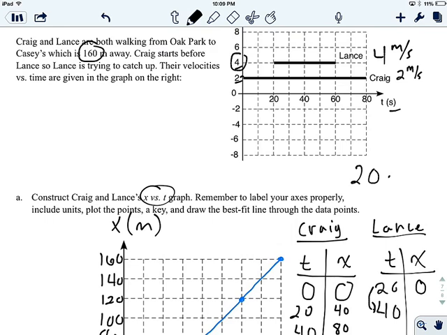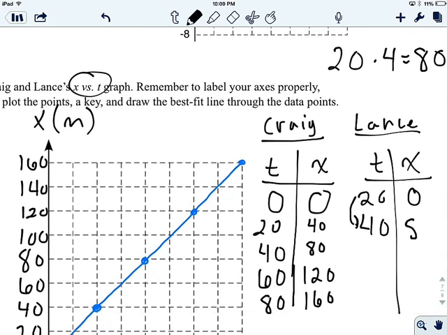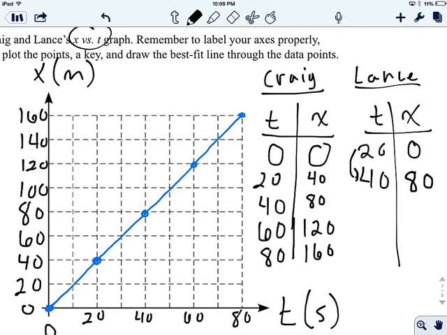So 20 seconds times 4 is going to equal 80 meters. 20 times 4 is 80. So we see that in that first 20 seconds, he goes 80 meters, which makes sense because if he's going twice as fast as Craig, he should go twice as far in that 20 seconds.